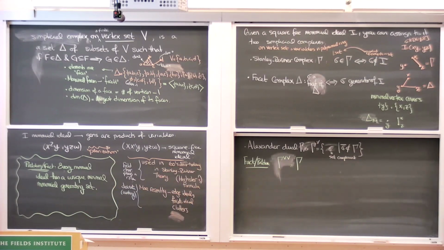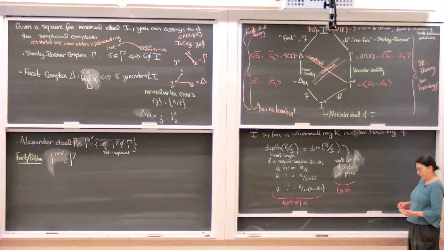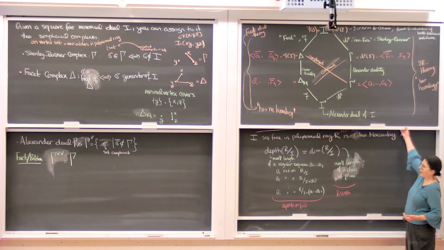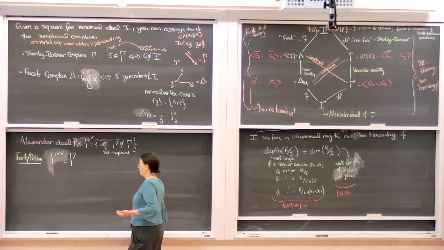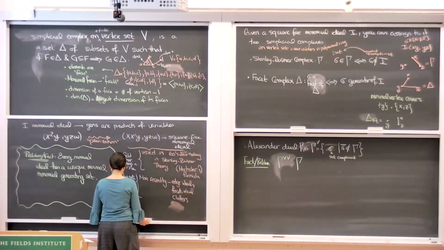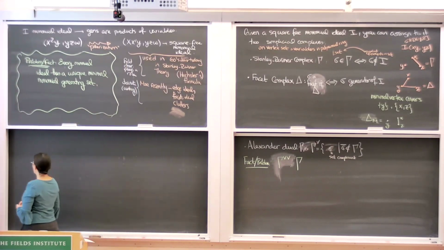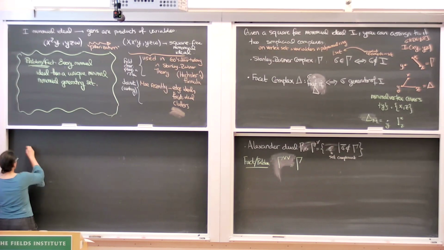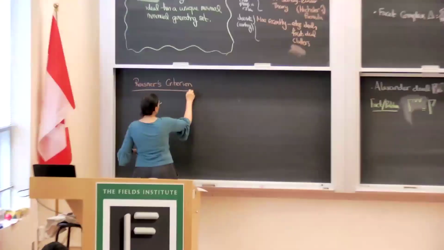I'll be looking at Cohen-Macaulay simplicial complexes. So Reisner's criterion for Cohen-Macaulayness. I'm going to first write it, and then I will try to tell you what each component means.